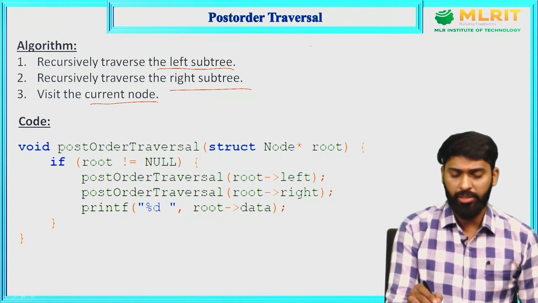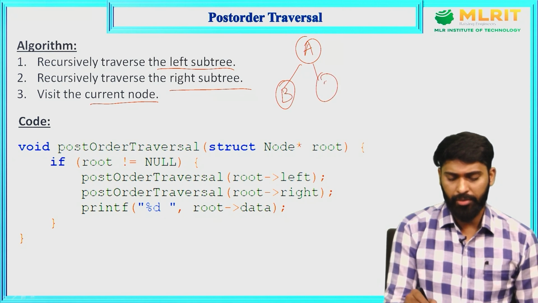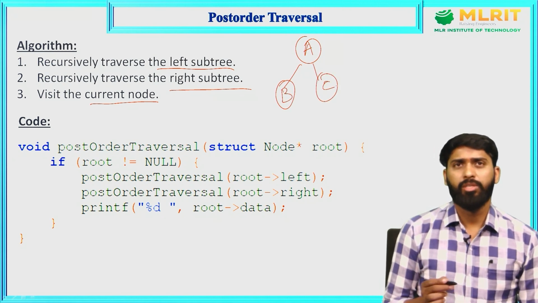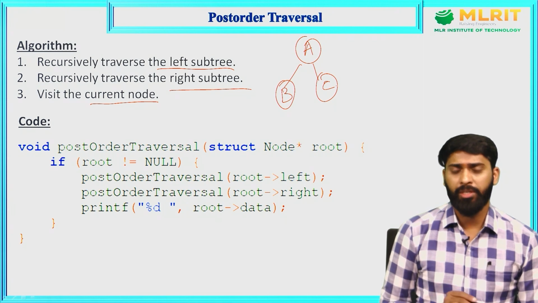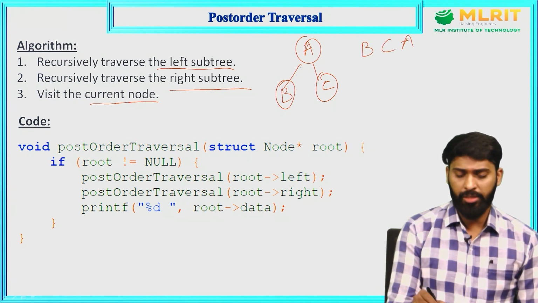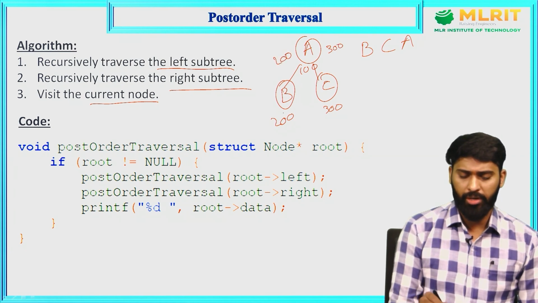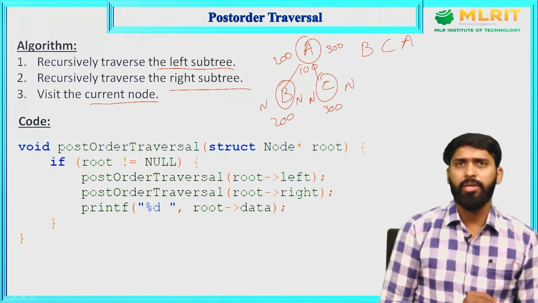So, consider this A, B, C. For this post order traversal, expected output is B, C, A. Let us assume these are the addresses 100, 200, 300. So, 100 right side 300, left side 200. For B, left and right are null, for C also left and right are null.